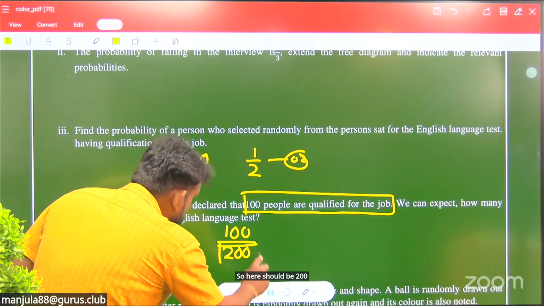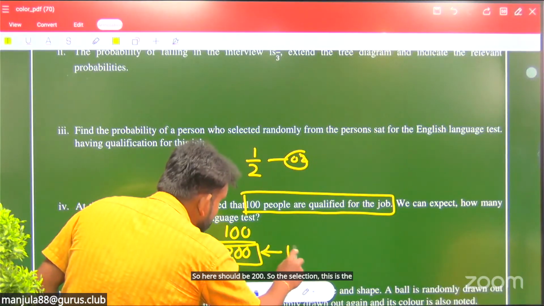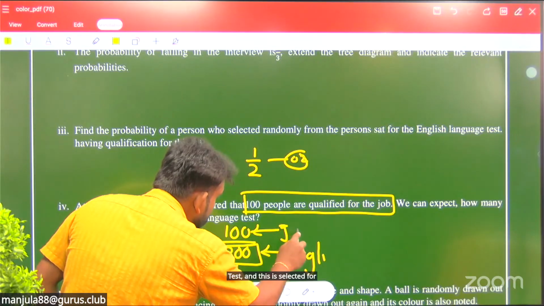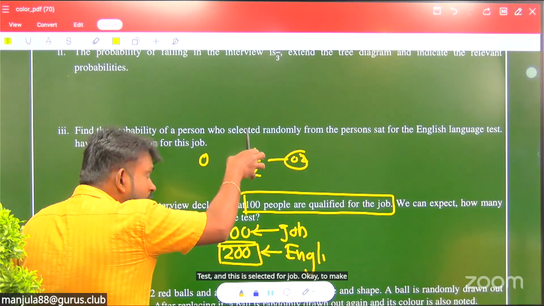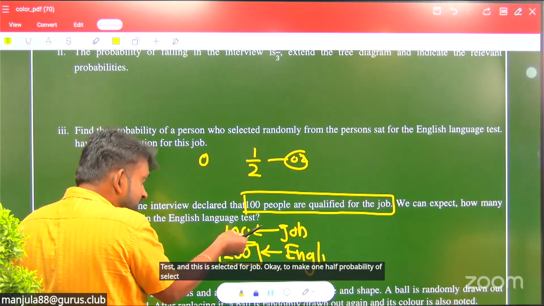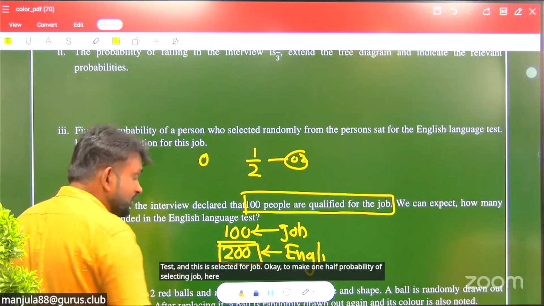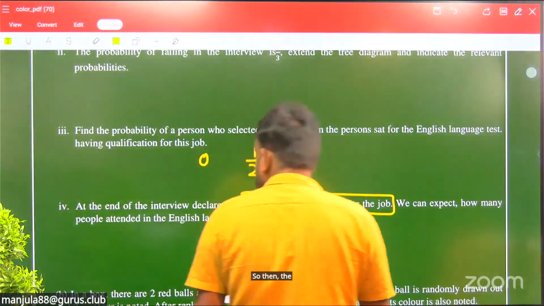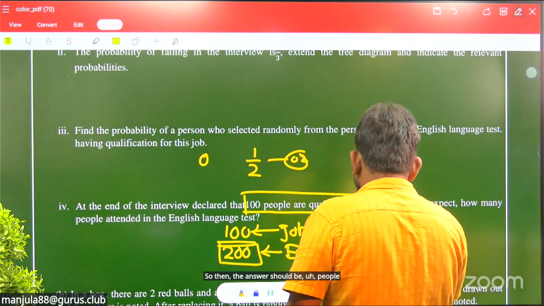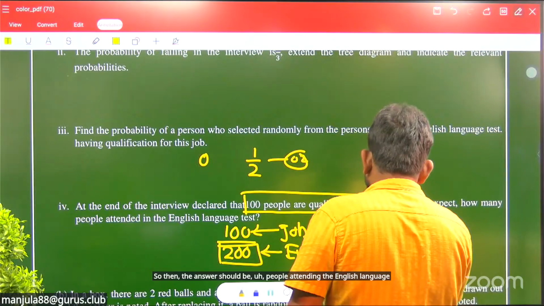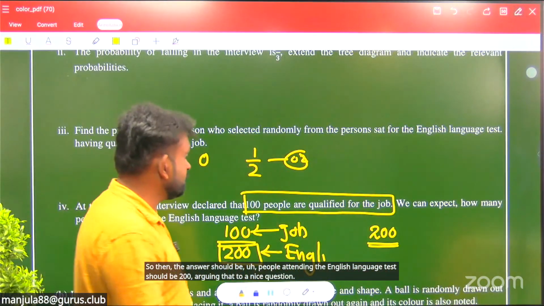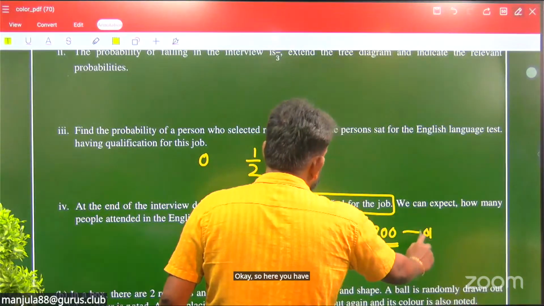This is the total attending the English test, and this is selected for the job. To make a 1/2 probability of selecting the job, 100 selected means 200 should have attended in total. So the answer is that people attending the English language test should be 200. Argue in that way. Nice question. Here you have 1 mark.